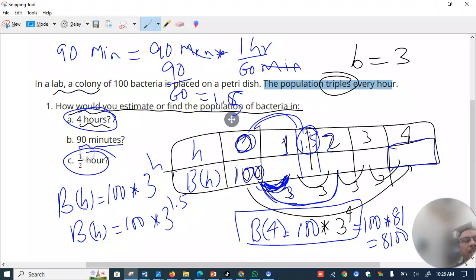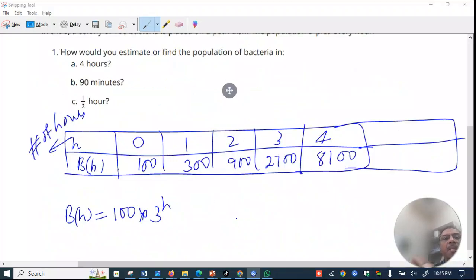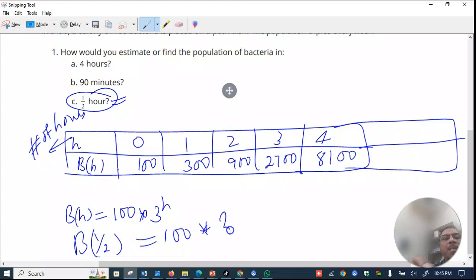And what about a half hour? A half hour will be when h is a half. So in the exponential function, this becomes 100 times 3 raised to half, which is also the same as 100 times the square root of 3.